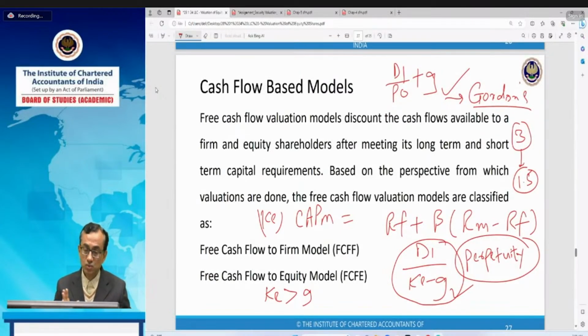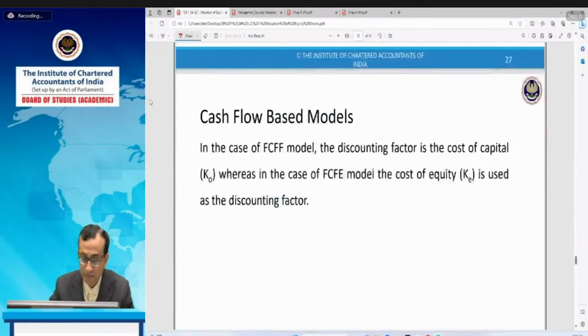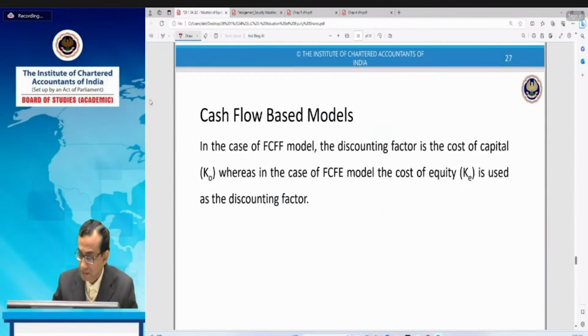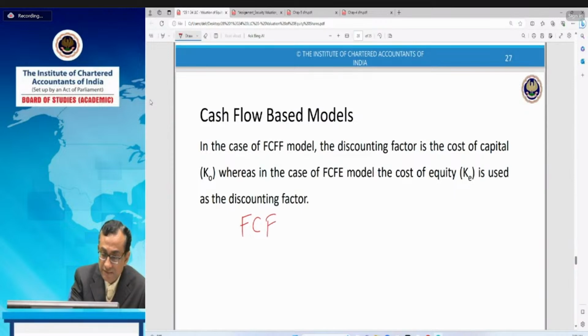There are two aspects of the free cash flow model, that is FCFF and FCFE, free cash flow to firm and free cash flow to equity. As we discussed in the previous lecture, free cash flow to firm is basically an unlevered cash flow.